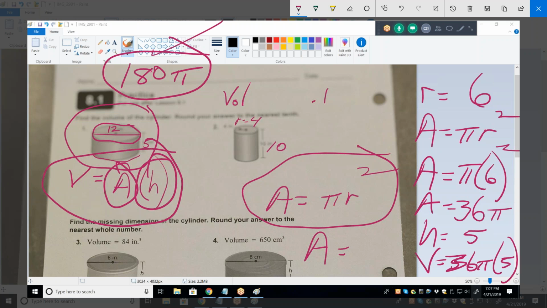Now take that answer into your calculator and give me a number that is rounded to the nearest tenth. Multiply 180 times pi. Whatever the answer is, round it to the nearest tenth so that I know you know how to do that.